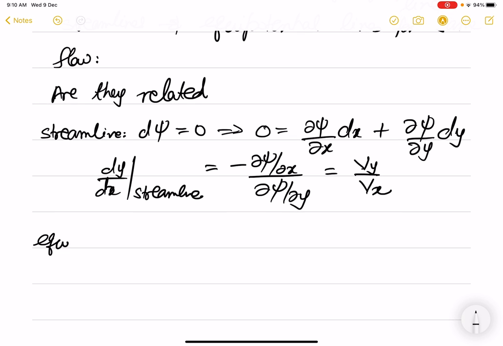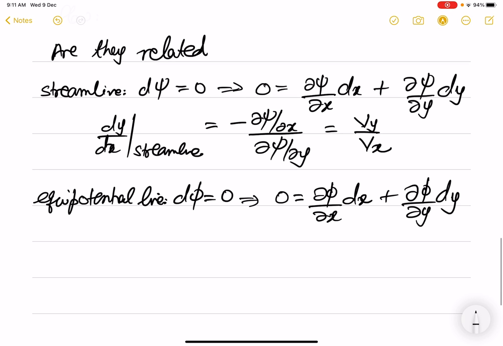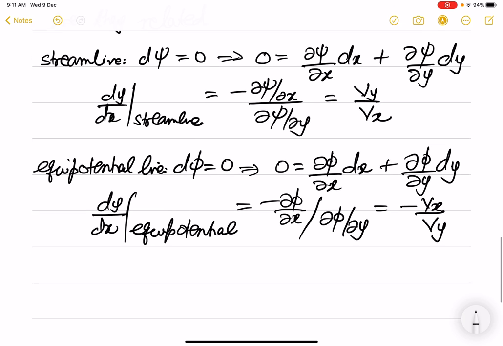Now let us see what happens on an equipotential line. d phi is equal to 0, and this implies 0 is equal to partial phi by partial x dx plus partial phi by partial y dy. And from here what we get is dy by dx for equipotential line is equal to minus partial phi by partial x divided by partial phi by partial y, and this is equal to minus of Vx divided by Vy.